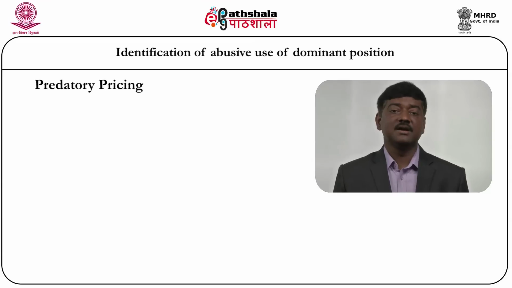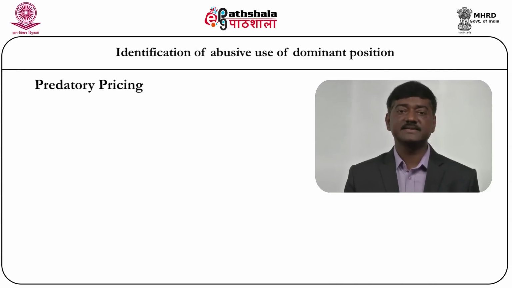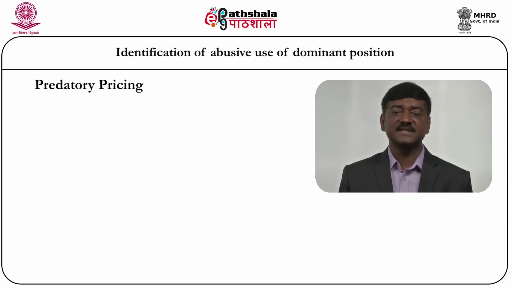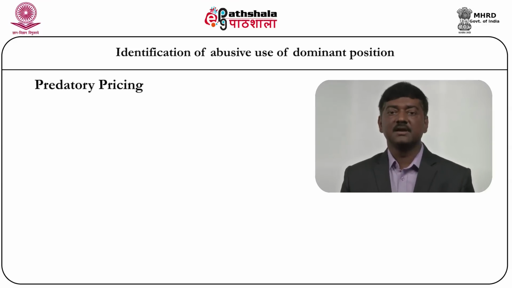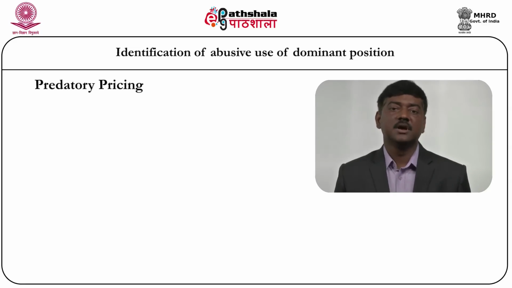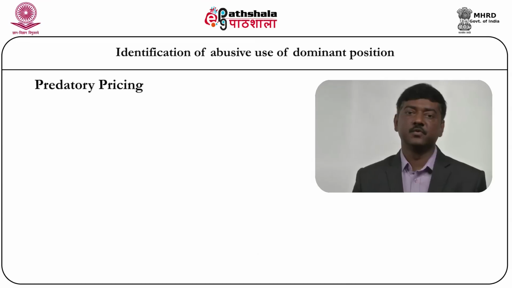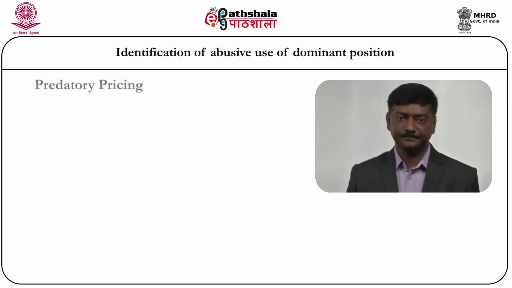So, if the cost of production, that is your average variable cost, is X and you are selling at a price below X, then definitely it is predatory pricing, and it is liable to be charged under section 4(2)(a)(ii).